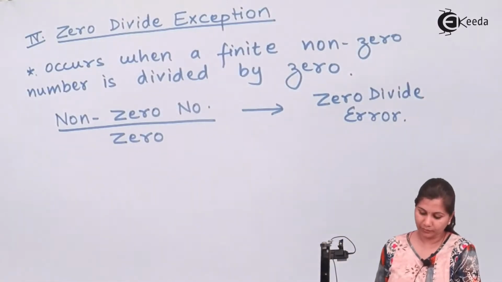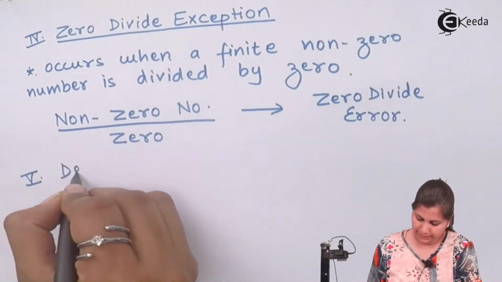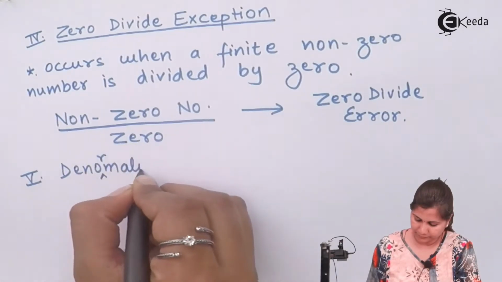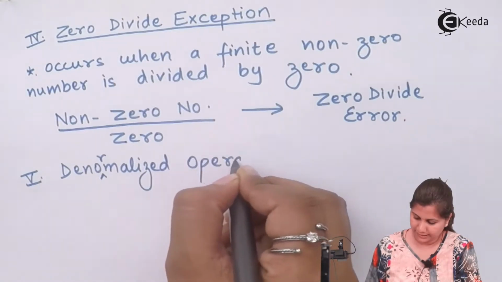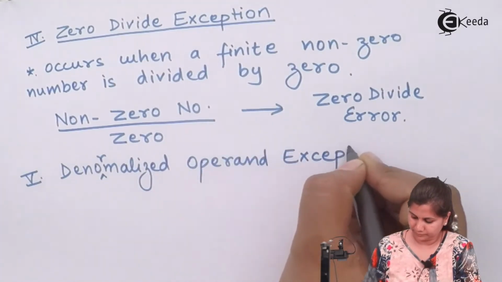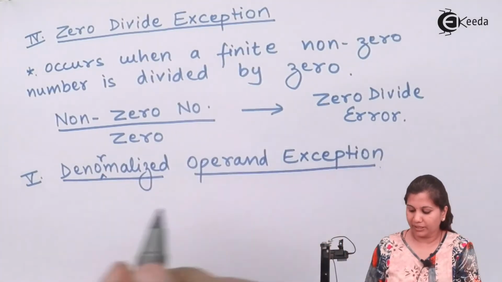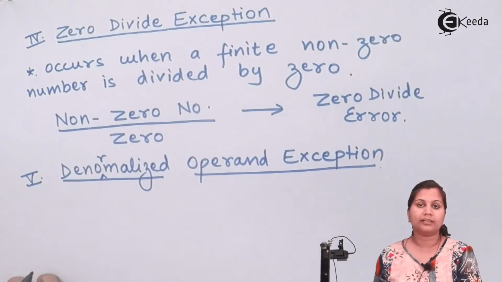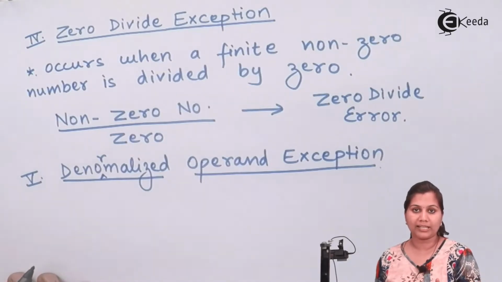Okay. The next exception is the denormalized operand exception. This type of exception occurs whenever one of the operands is a denormalized number, which means it is not a normalized number.